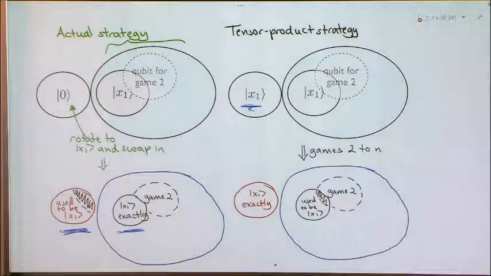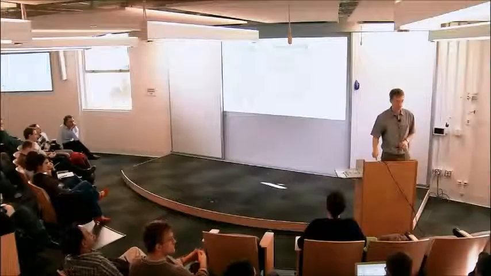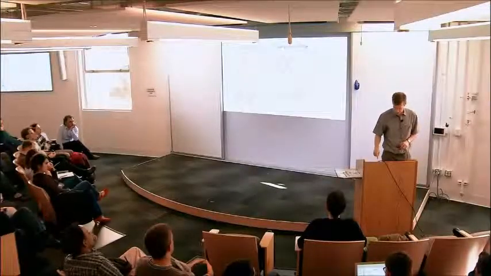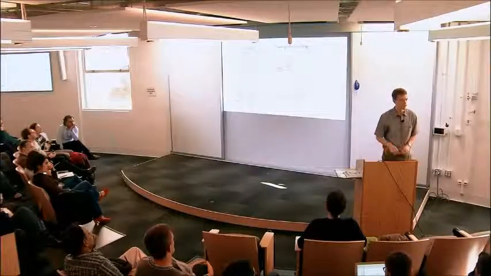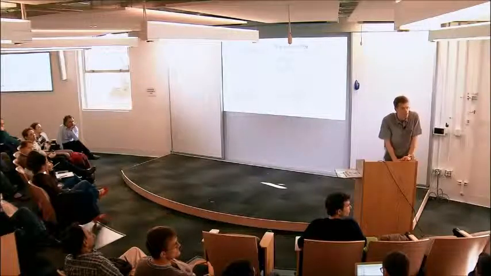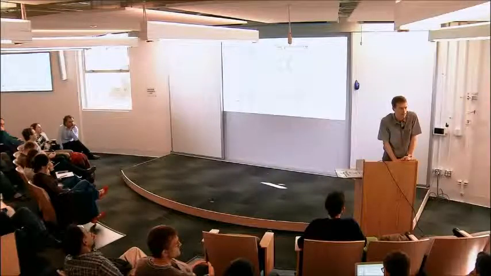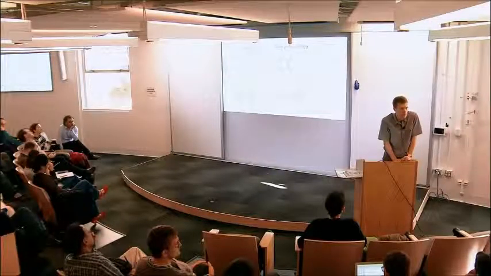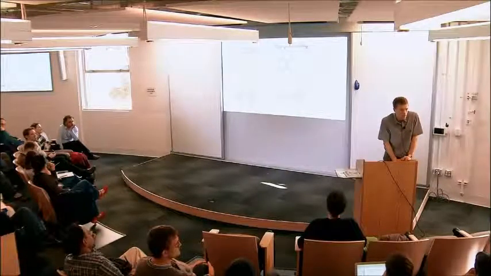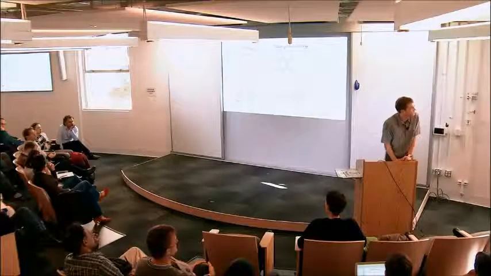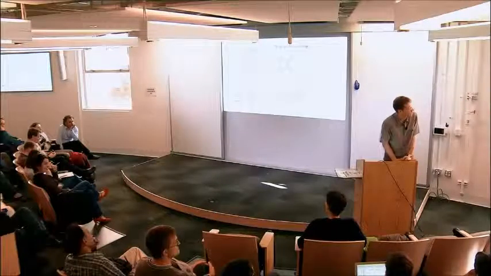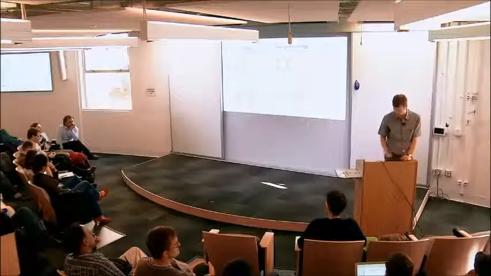Does it come with some error as well with the swapping? What do you mean? There's errors everywhere. The fact that we're comparing these two pictures with the swapping in the ancilla qubit, are the two pictures exactly identical, or are they actually different? No, they really are different, because this state here that I say used to be x1, it's not x1.